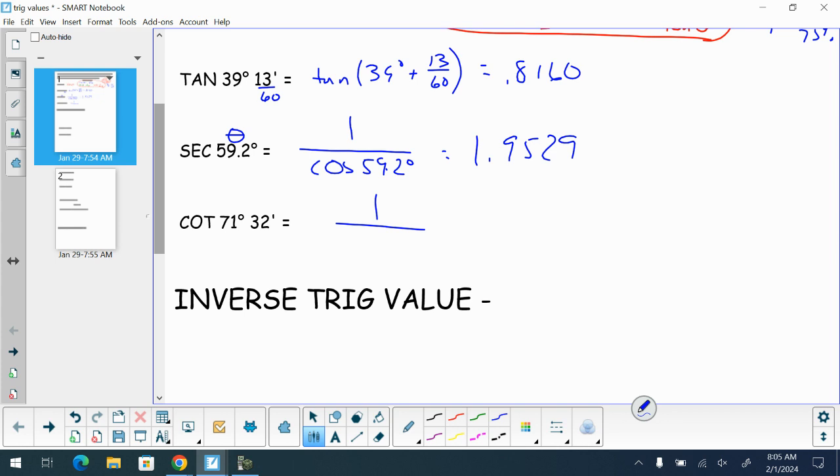I can rewrite with this, but how do I deal with the minutes? Well, I can rewrite it up here. How do I deal with minutes? Okay, the 32 minutes, how do I deal with that?